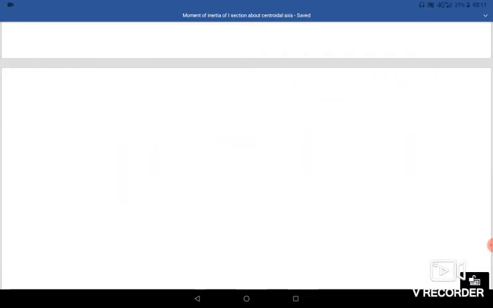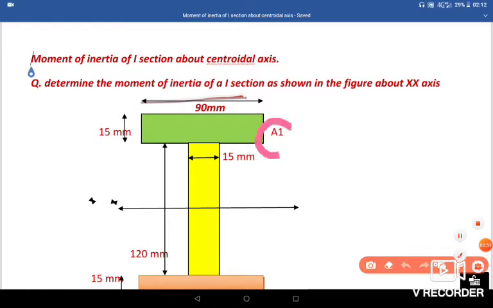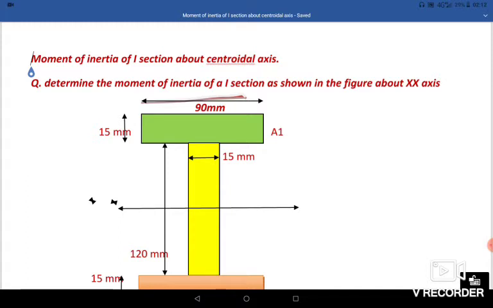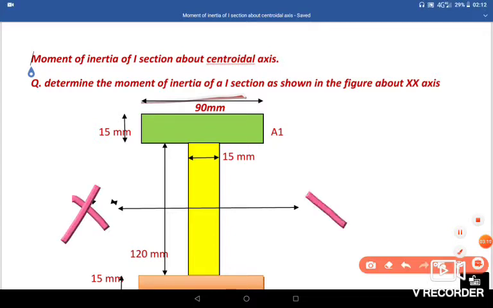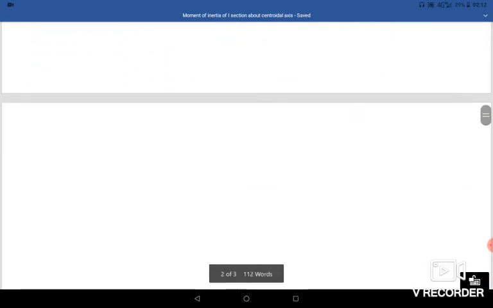To calculate the moment of inertia of the section about the centroidal axis, first of all we will have to calculate the moment of inertia of rectangle A1 and rectangle A3 about the x axis. This is the x axis, and we will have to calculate the total moment of inertia about this x axis.